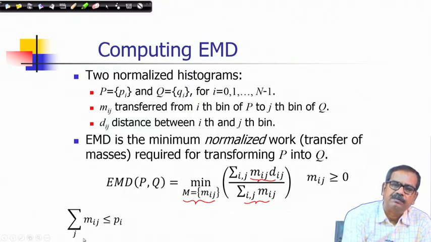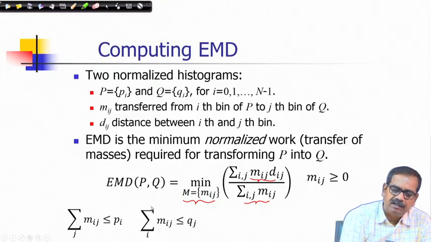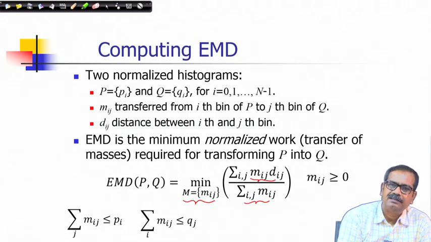If I accumulate all masses from the ith bin, it should not exceed the original mass of that bin in histogram P. Similarly, what you are transferring to the jth bin should not exceed the content in that jth bin, because you would like to transform histogram P into histogram Q. So, it should always be less than or equal to that.